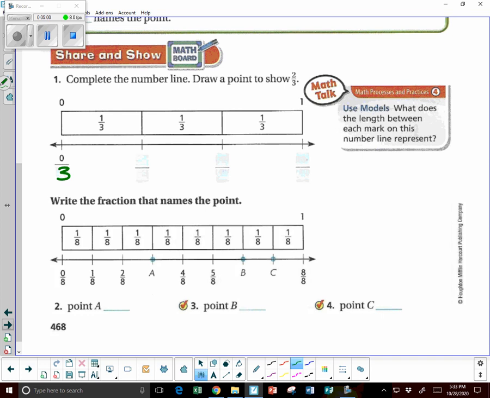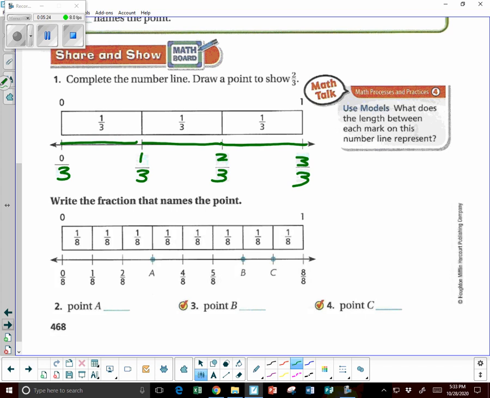Now, if we just go from here to here, that's just one equal part out of 3. Now we're going to go again. That is 2 equal parts out of 3. So it's 1, 2 parts. Now we're going to go again, and it's 3 equal parts out of 3.